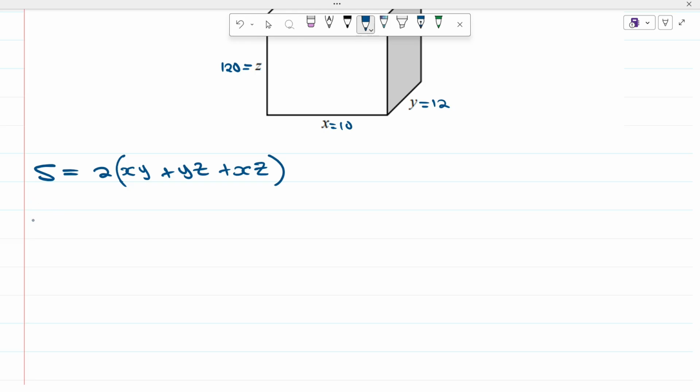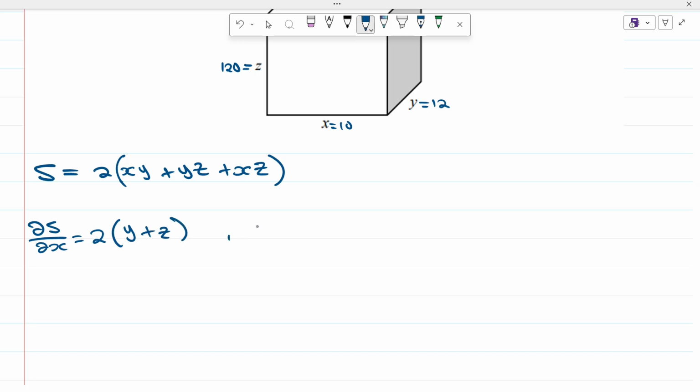I've already told you that we need to calculate the small change first, and then we're going to calculate the maximum percentage error that they want. So let's go. The partial derivative of S with respect to x, how much is it going to be? With respect to x, we're going to get 2 multiplied by y plus z.